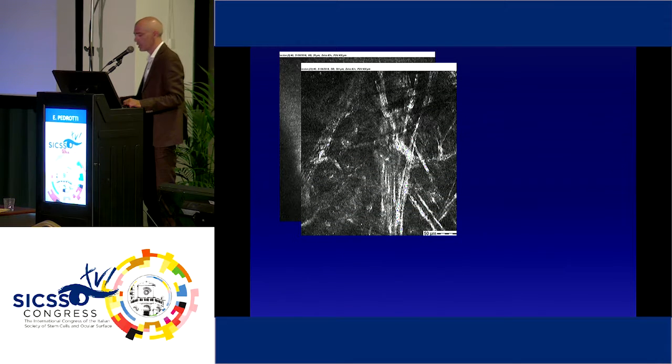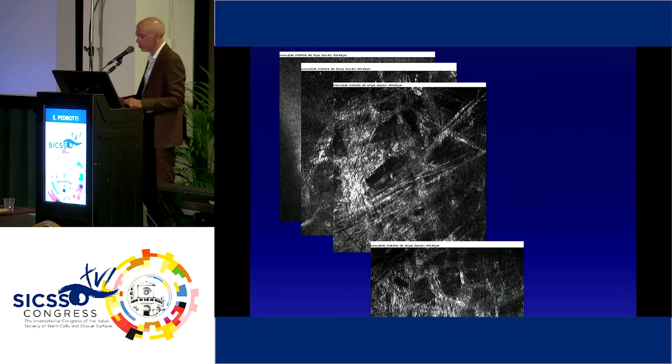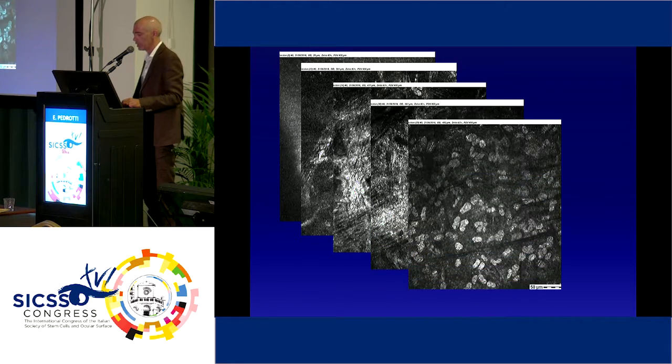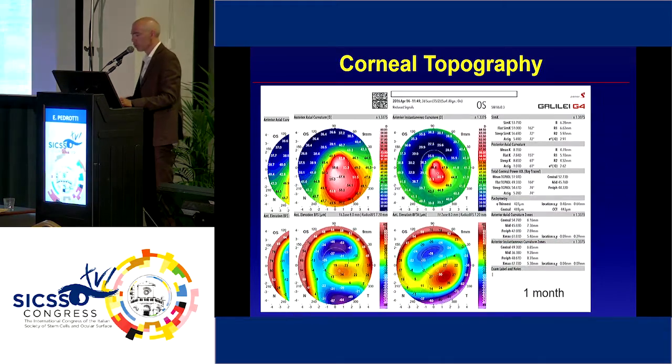And this is what we can see at confocal microscopy after cross-linking: the epithelium and these needle-shaped forms, and then lacunar edema up to the deep stroma. You see there is no inflammation and the endothelium is clear.